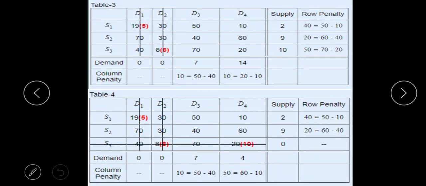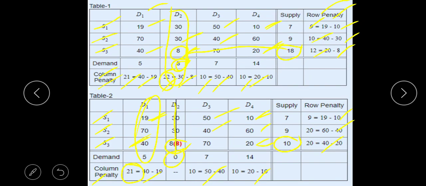Yes, so we have to allocate for D1 column. Compare the demand units. Demand is 5 and here we have 3 rows, 19, 70, 40. To which cell we have to allocate? We have to allocate to such cell which is having the lowest cost. So here 19 is the lowest cost, so we need to allocate to this cell. Now compare the supply. Supply is 7 units, demand is 5 units. So maximum how many units I can allocate?